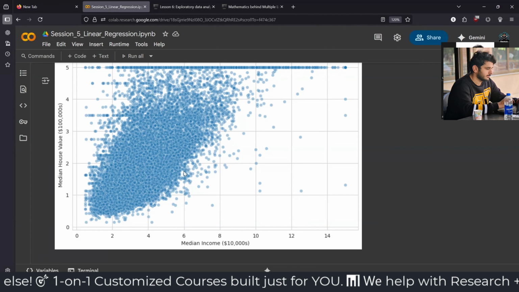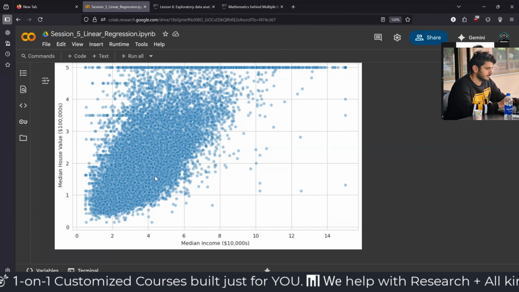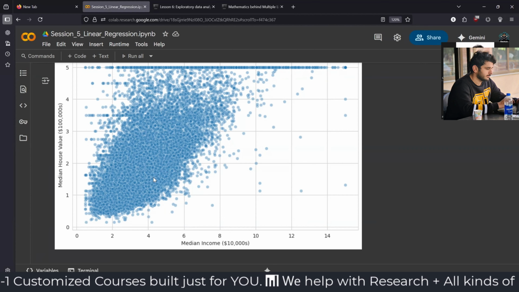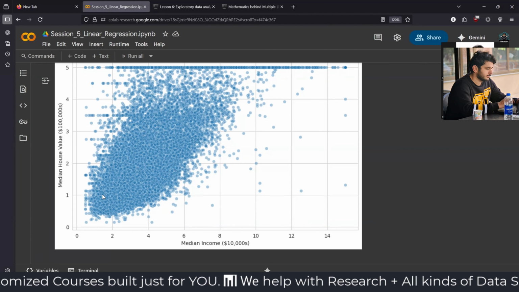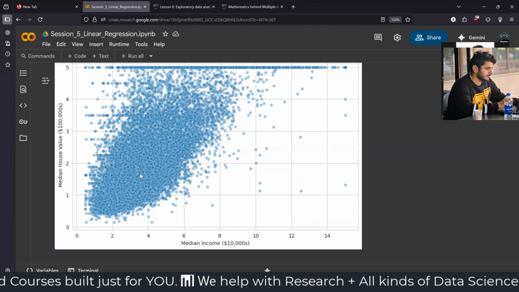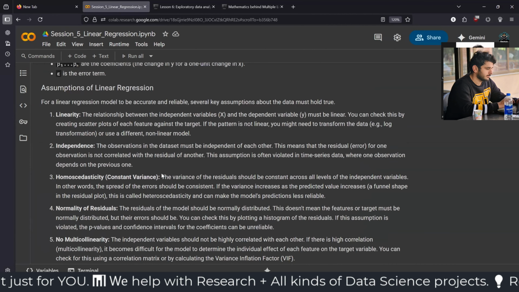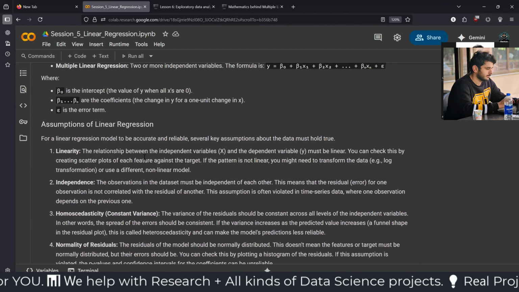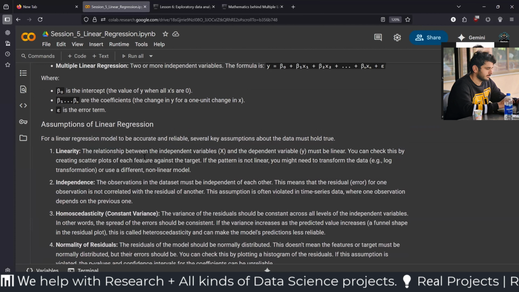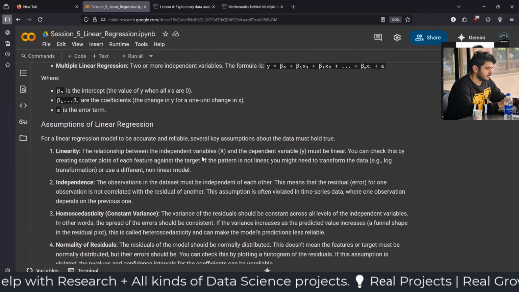Even if it goes down, it doesn't mean that they don't have any relationship. A linear relationship is something where we can see a straight line in our data when we create a scatter plot. Understand?